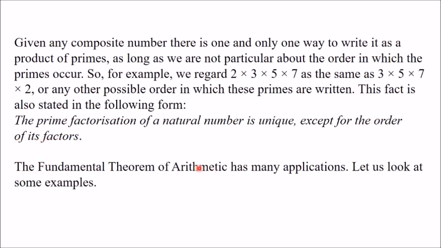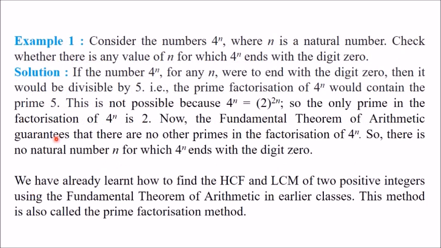The fundamental theorem of arithmetic has many applications. Let us look at some examples. In the first example, consider the number 4 to the power n, where n is a natural number. Check whether there is any value of n for which 4 to the power n ends with the digit 0.